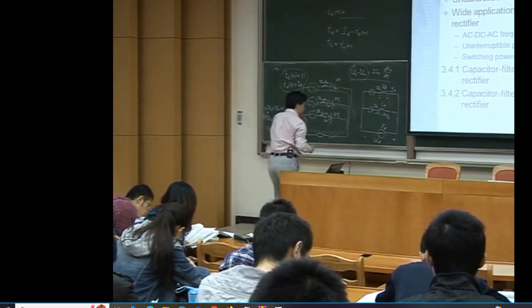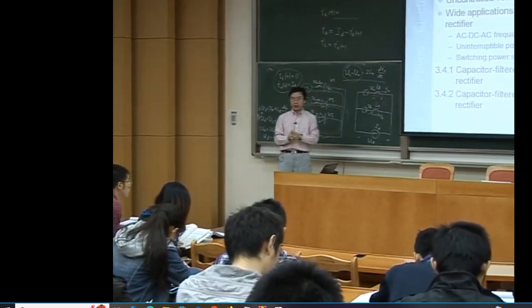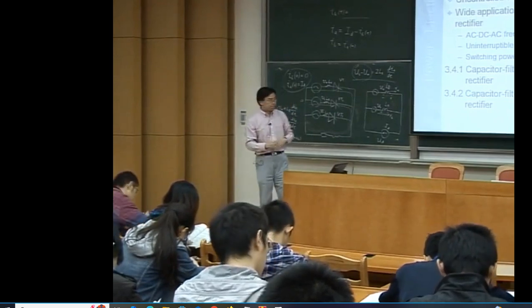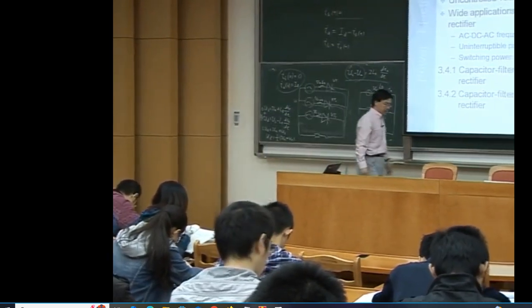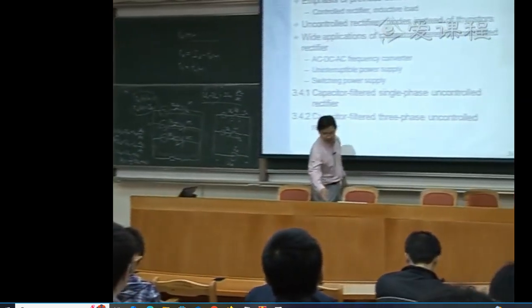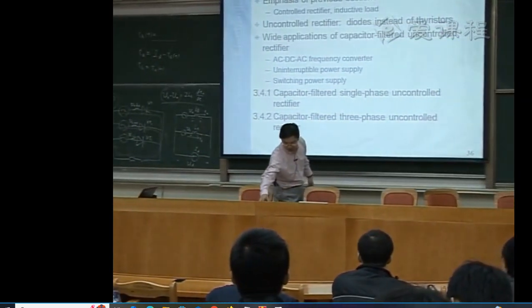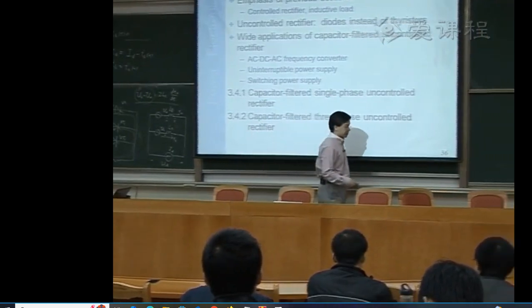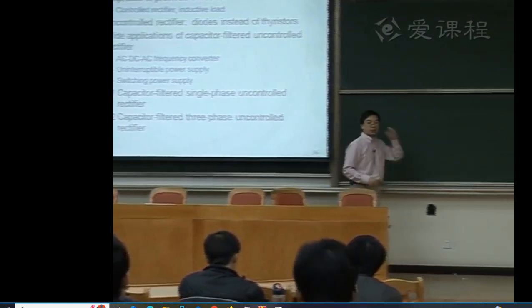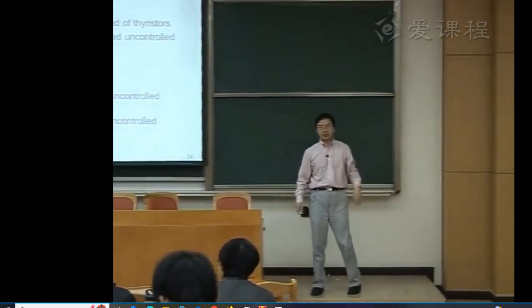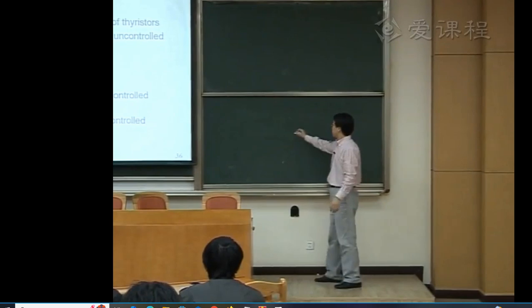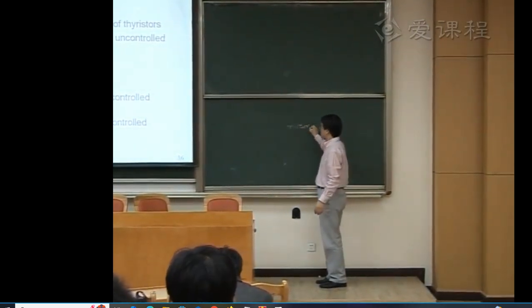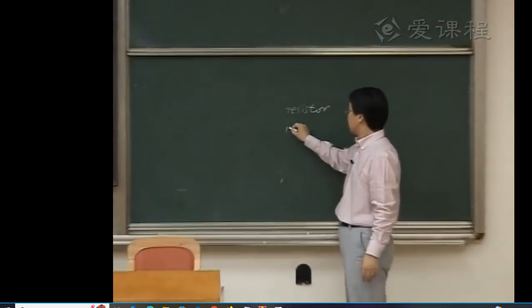Any questions? If no, then we'll be moving on to next part. Actually, in the previous discussion, I guess you should have one question. Because when we talk about the different types of loads, we always mention when the load is a resistor, or when the load is inductive.